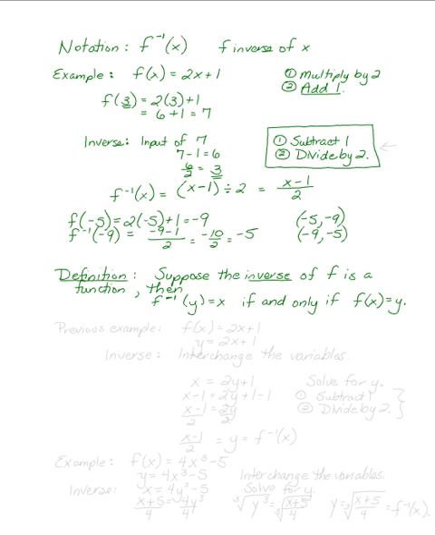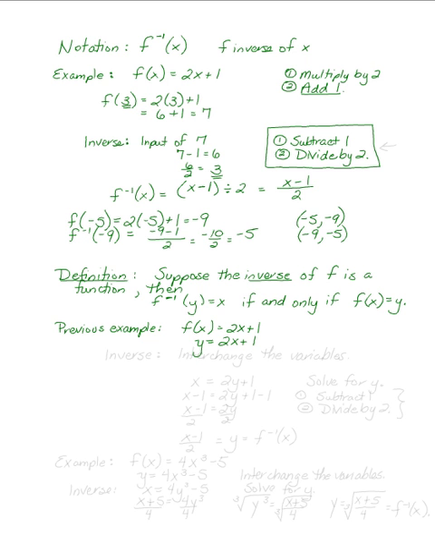Now this gives us a way to actually find an inverse function of a function that's given to us in symbols. So for example, if we go back to our previous example, which if you recall was f of x equal to 2x plus 1, remember, that is actually the same as y equal to 2x plus 1 in slightly different notation.